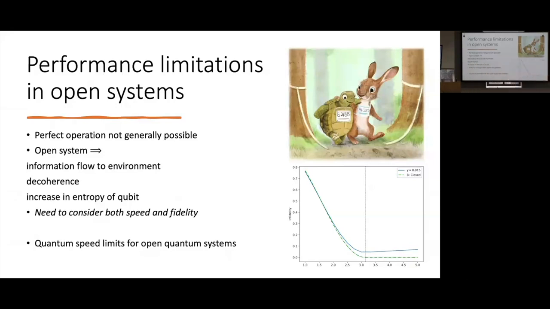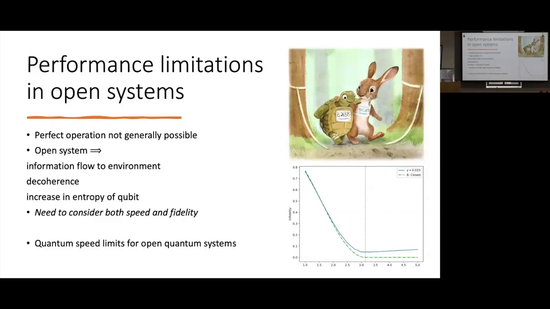Why might you think the hare wins? Well, you say information is flowing out of your qubit into the environment, and you're just losing information at some rate. Okay, so if you're just losing information at some rate, you better do the process as fast as you can, and that will also give you the highest fidelity. So if you took a simple Markovian picture of decoherence, so here's the perfect unitary case.